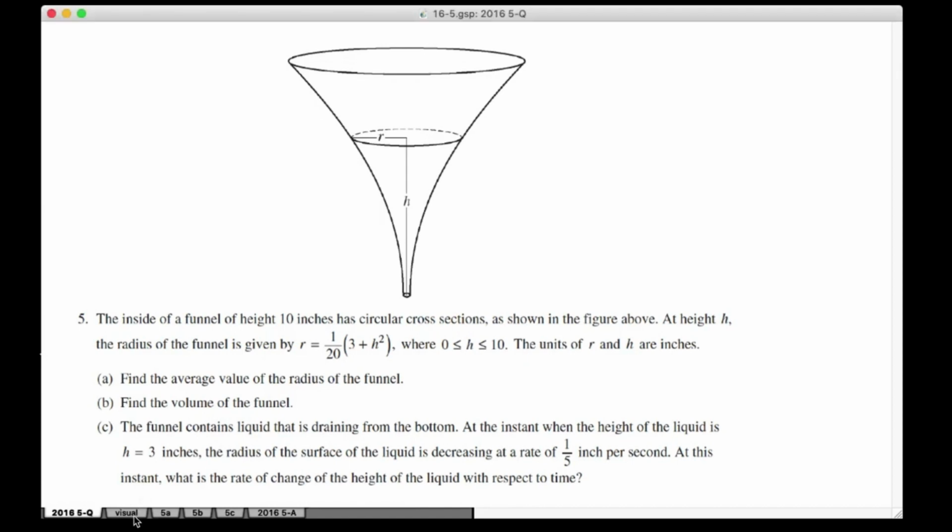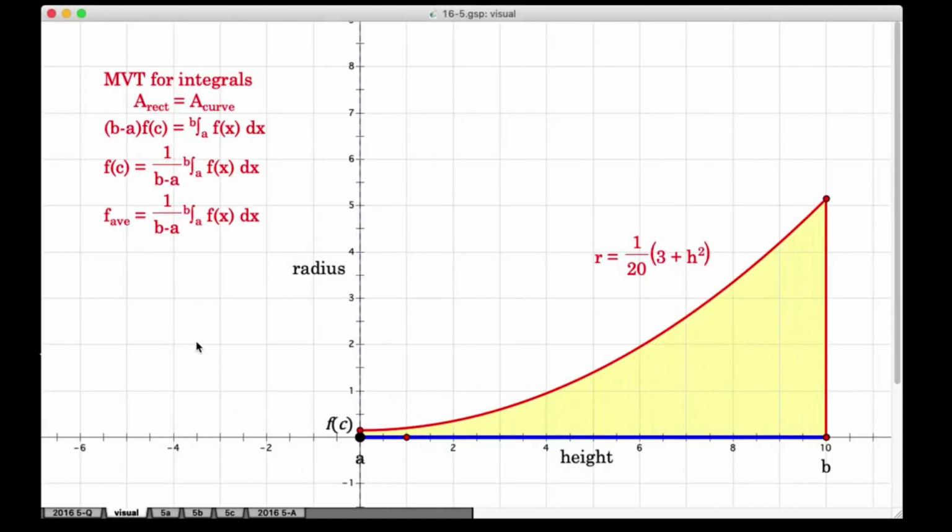I want to introduce something here, a theorem, because it's very important, so I'm going to do a little backtracking. If I want to find the area under this curve, and I'm using the function that they gave us for the radius, this is the graph of that function, and I want to find the area under this curve, the yellow region, there's a theorem that says if I could form a rectangle with the same base as the function, and fool around with the height of the rectangle, it's not a big deal.